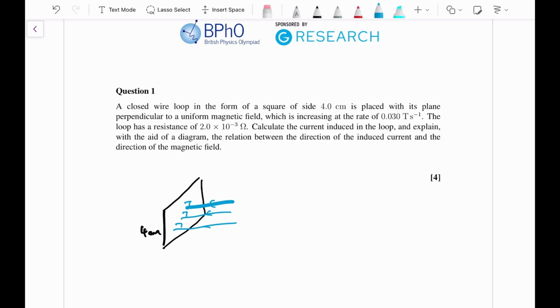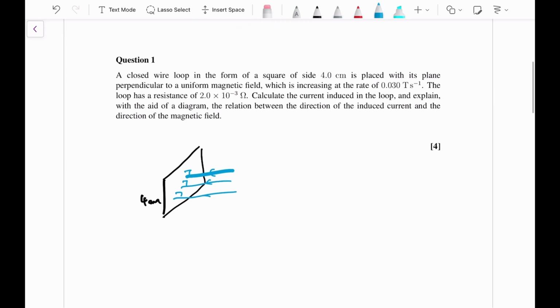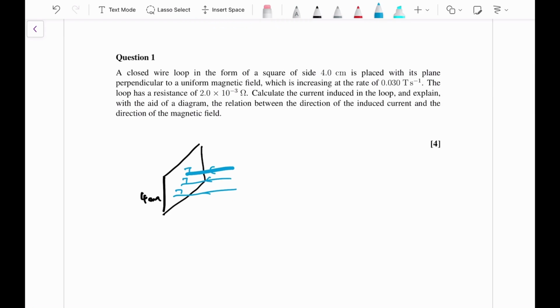Okay, so first of all, what I'm going to do is calculate the current. So how do we calculate the current? First of all, one equation is that the voltage induced is basically equal to minus the difference in the magnetic flux over the difference in time.